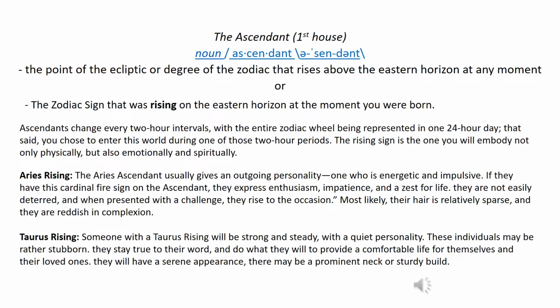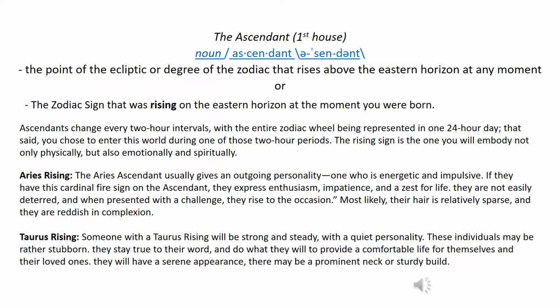Okay, so no matter what you choose to do house-wise, some people use whole signs, some people use Koch, some people use draconic or heliocentric. There are so many different types. But no matter what, every single horoscope has the 12 divisions.